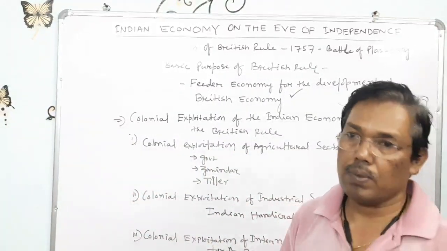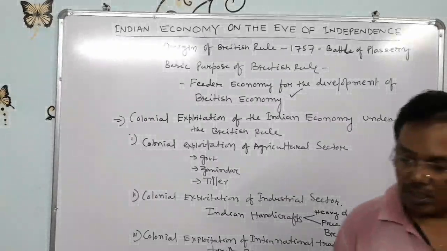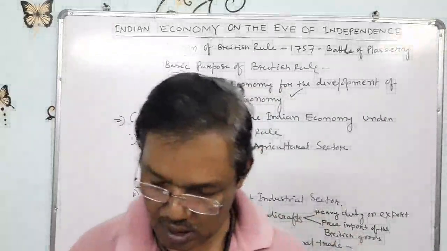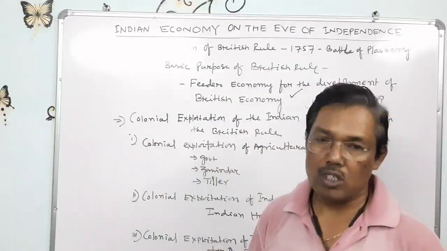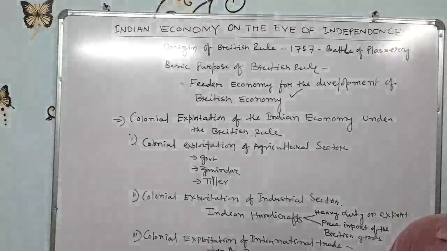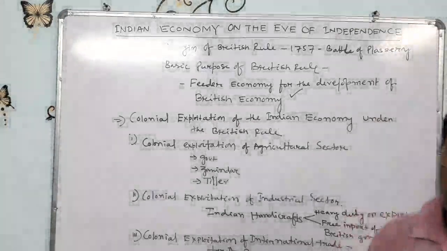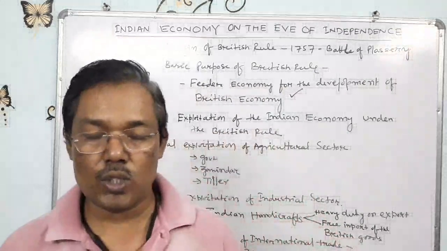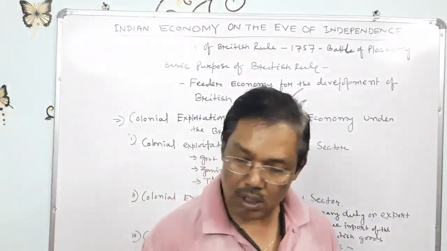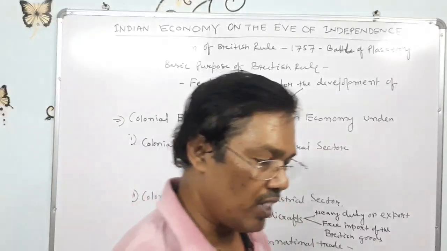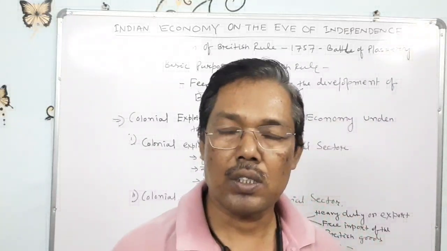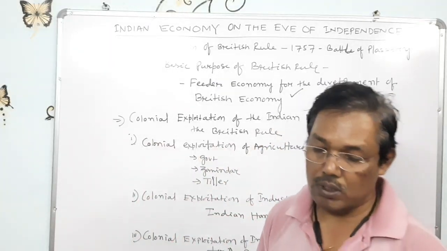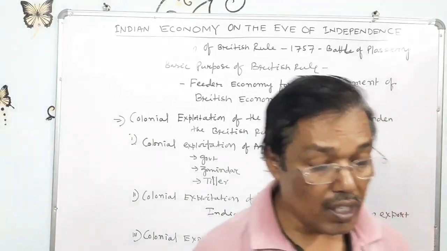As a result, they started their own development policies and their process of development for their own country, the British country, so that they could exploit the Indian natural resources and human resources. How they would exploit these resources, that is why they made the plan. So they started the colonial system.